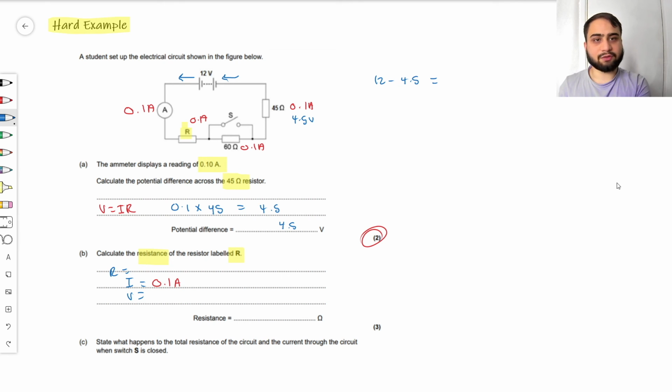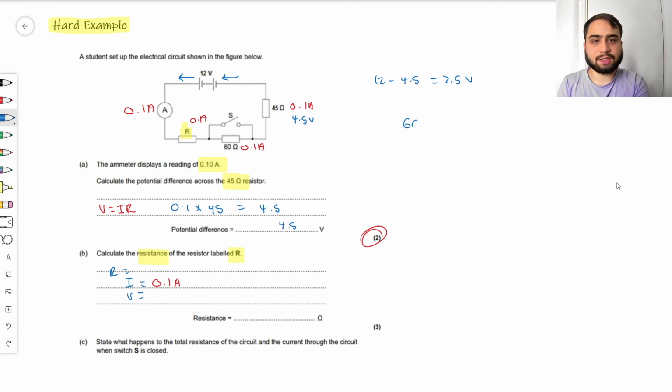Yes, 7.5 volts there. Okay, so now we also have the 60 ohm resistor, but we know already that the 60 ohm resistor has 0.1 amps across it, and using our equation V equals IR, we can work out how much voltage is across the 60 ohm resistor, which is just 0.1 times, actually let's do it in red and on the side here.